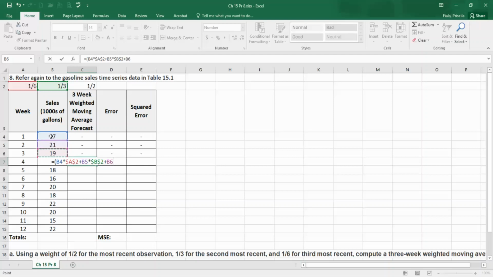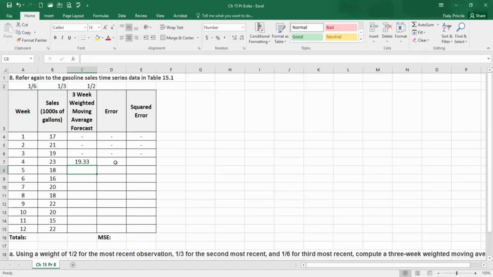We're multiplying week 1, which is the oldest, by 1/6, week 2, the second most recent, by 1/3, and the last one, which is the most recent, by 1/2. So we're just using half of that value. Then I'm going to press the F4 key on your keyboard to make sure that when we copy this formula down, it always refers to these values and doesn't update to something else.